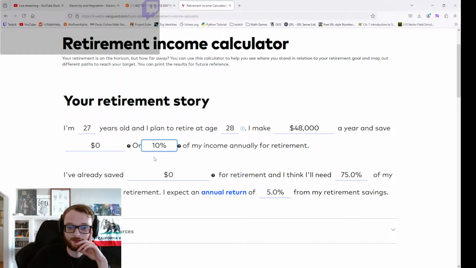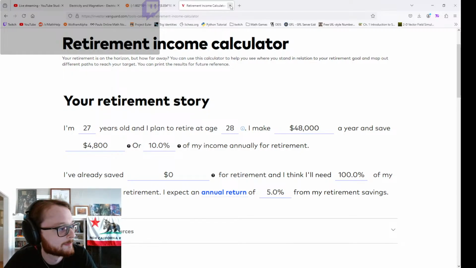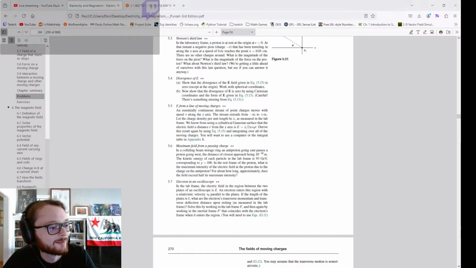I don't want to put that 10%. I'm going to say 0. I think I'll need 100%. No, this is stupid. This isn't going to work with this calculator. I want to write a script for that, I guess, Dr. L.